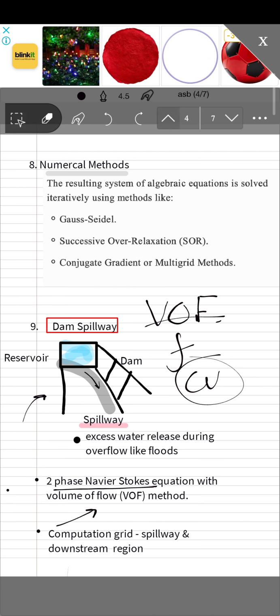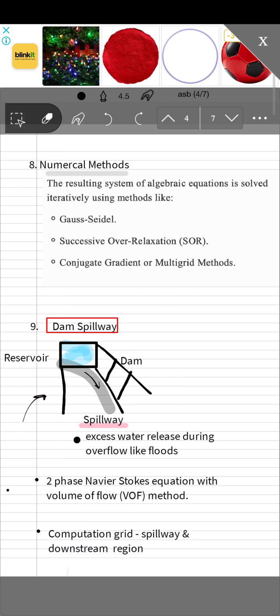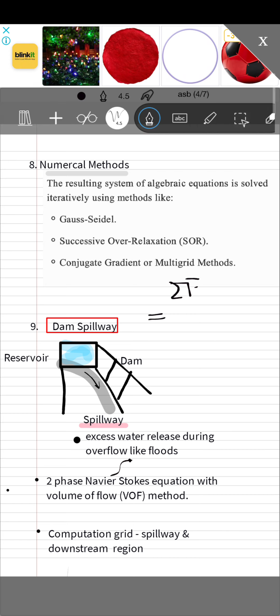Now the next is the two-phase Navier-Stokes equation. The Navier-Stokes equation, as we all know, is the analog of Newton's second law in the case of fluids, and it is based upon the fact that certain forces act on the fluid and are compensated by gradients of velocity.